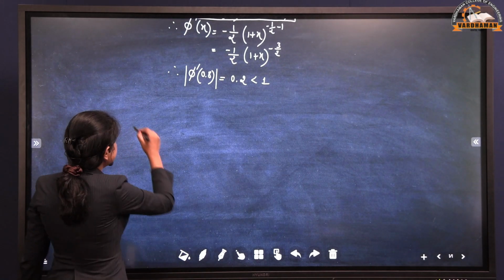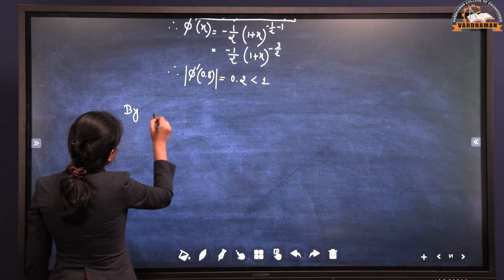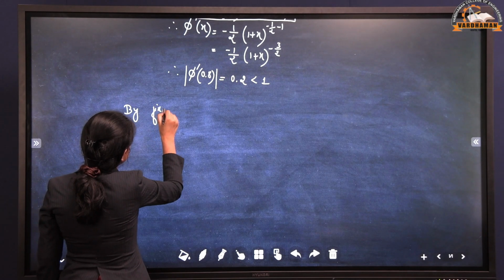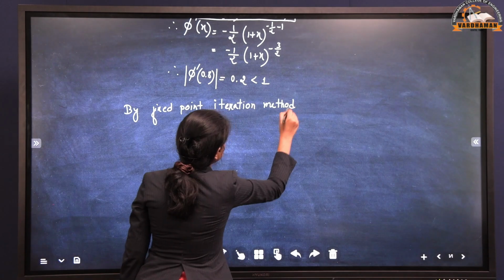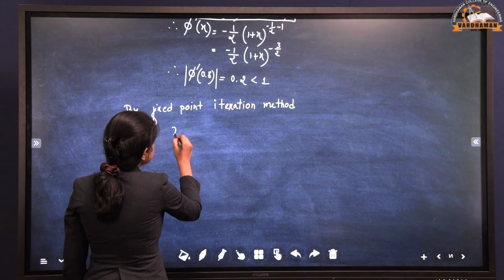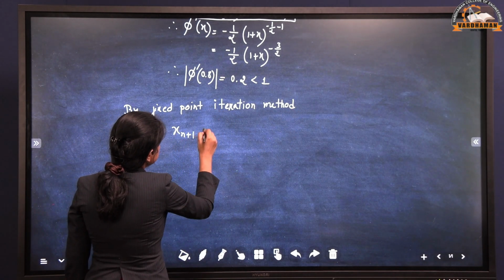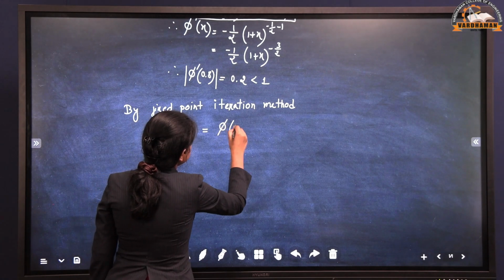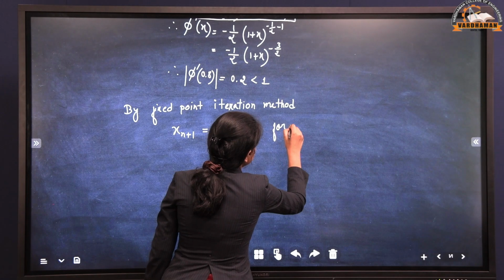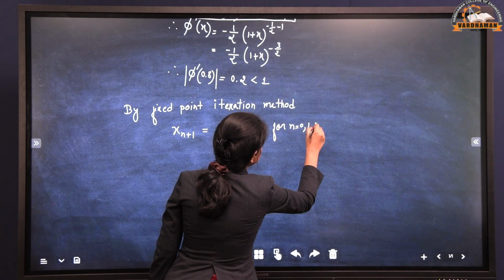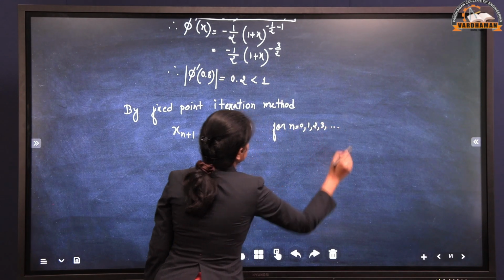Now we know by the fixed point iteration method, x n plus 1 is equal to phi of x n for n equal to 0, 1, 2, 3 and so on.